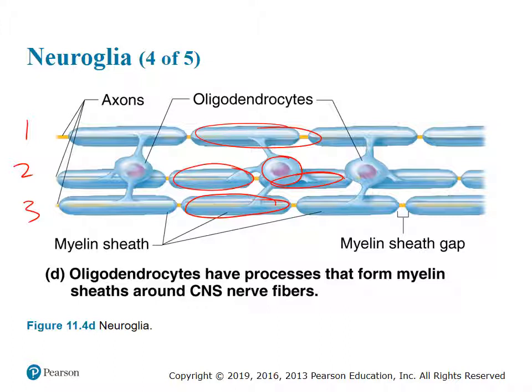You can see that one oligodendrocyte wrapping three neurons, and in fact the middle one is wrapped in 2 places. So it can be various different places. For example, you can see this one just wrapped one time to each neuron, right? Okay.